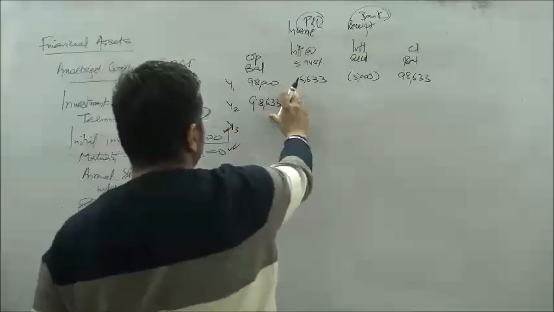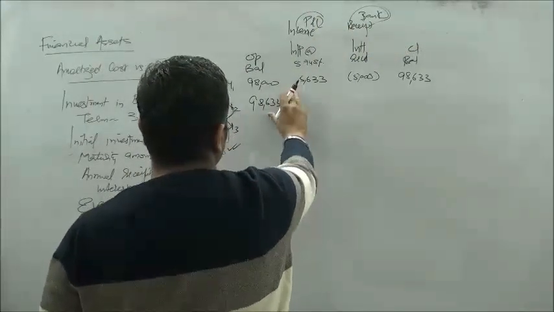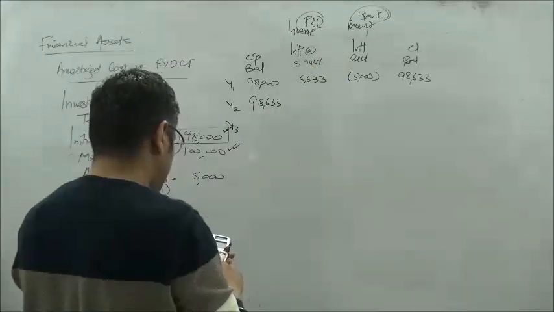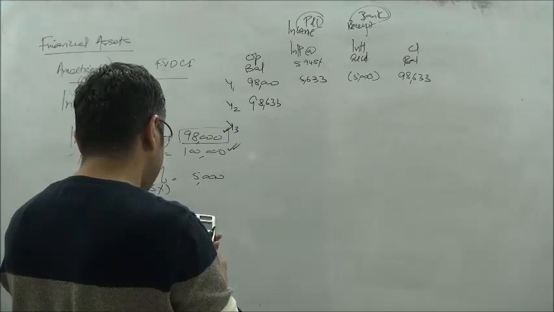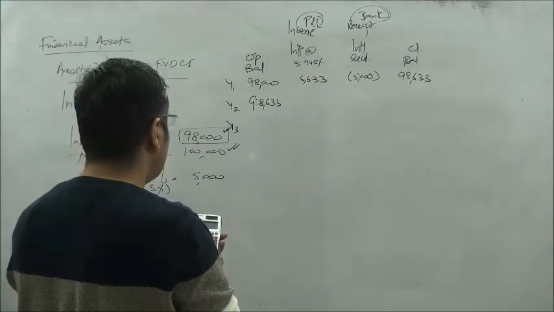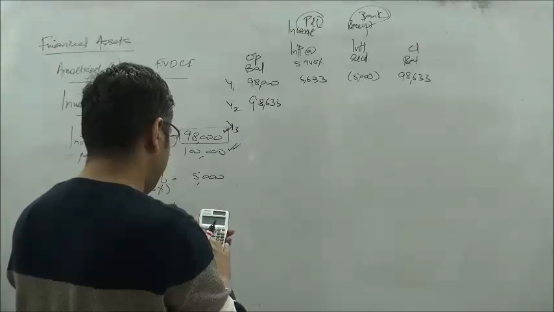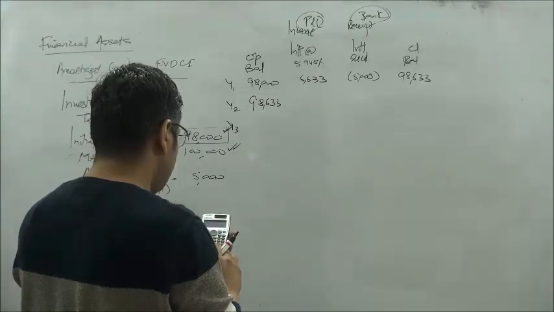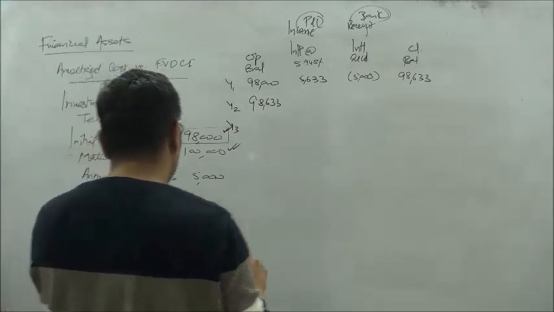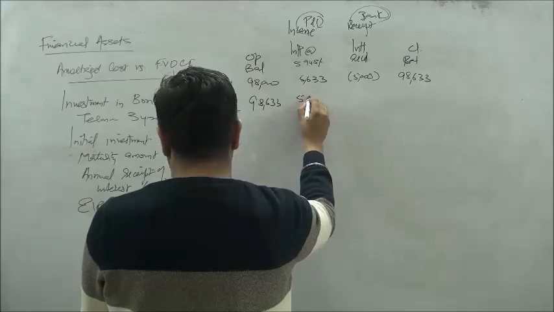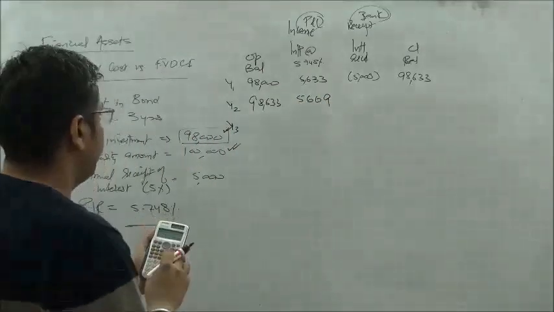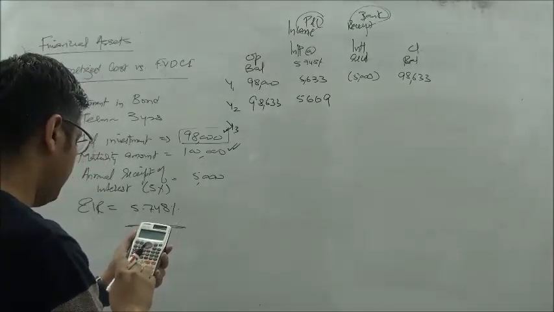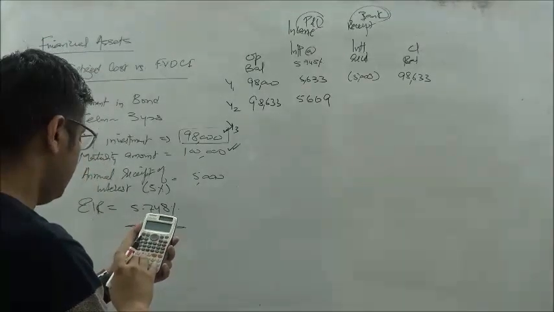So when I look at this figure now, 98633, I take the calculation at 98633 multiplied by 5.748, that comes at 5669 here.